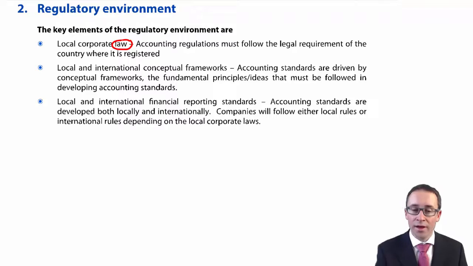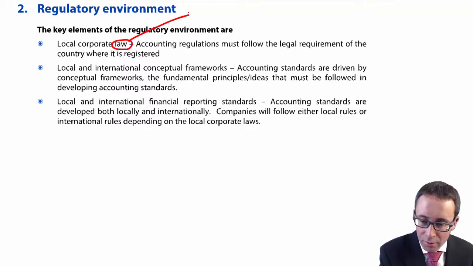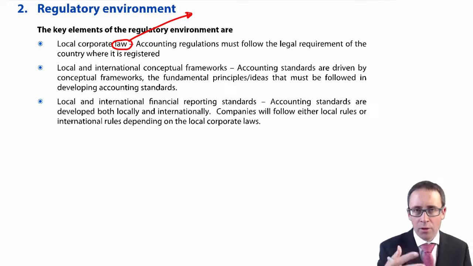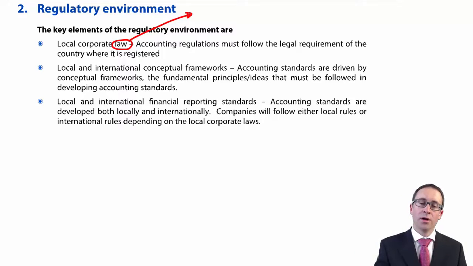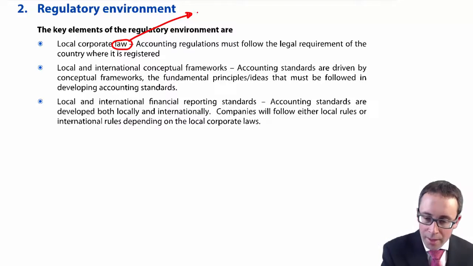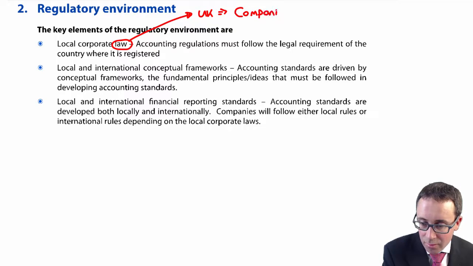Admittedly, not all of you are based within the UK, so maybe you could look for an equivalent in your local jurisdiction. But in the UK, we have what is known as the Companies Act.